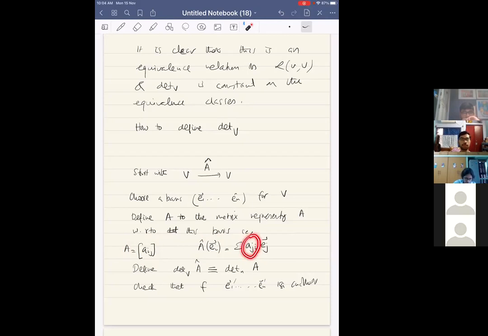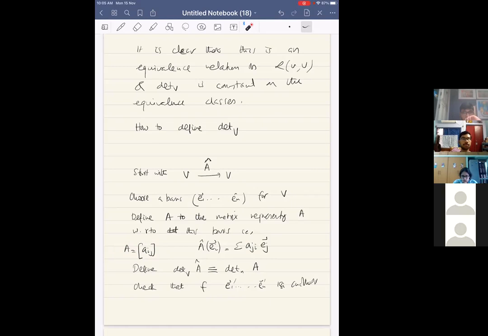There will be n squared coefficients, because for the first basis vector, there will be n coefficients. For the second basis vector, there will be n coefficients. As I go from the first to the last basis vector, I will get n squared real numbers. Put them all together and package them into this matrix A. So this is how I associate a matrix to a linear map.